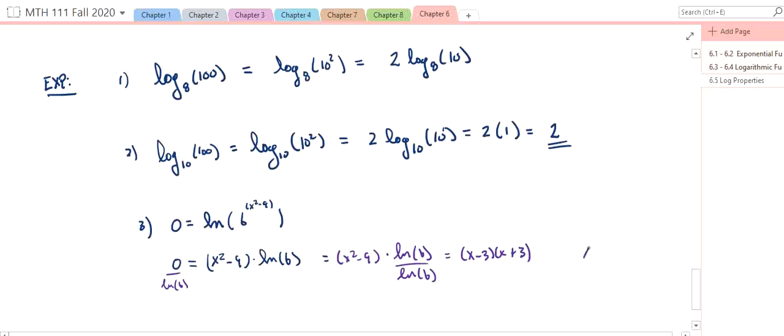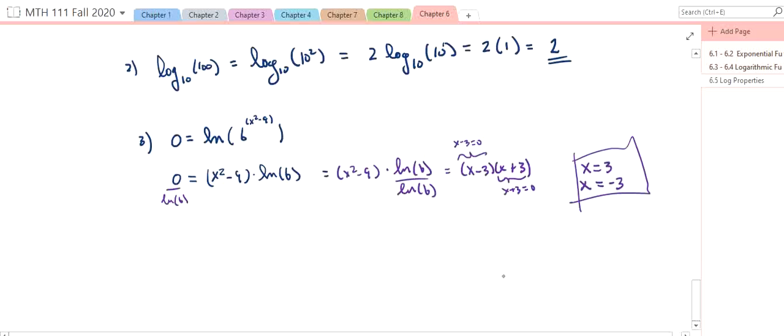So your answer is x equals 3 and x equals minus 3, because that's what makes these equal 0. Either x minus 3 equals 0, or x plus 3 equals 0, which leads to x equals 3 or x equals minus 3 as your answers. So it shows you how playing around with logs is like playing puzzles.